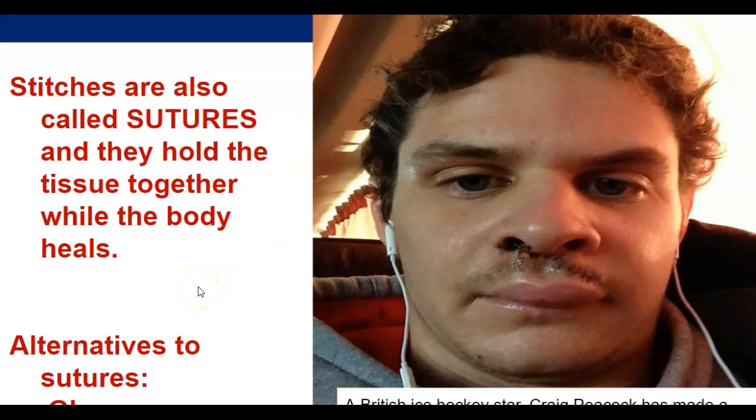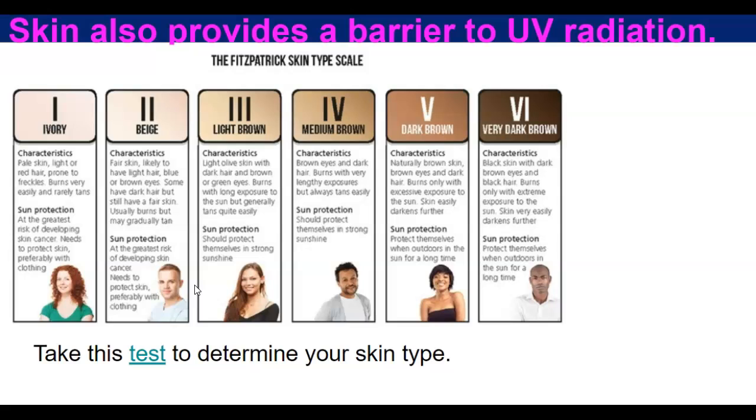And again, what did they use? They use sutures. You can use sometimes medical tape. Sometimes you can even use staples, depending on it. Okay. And one of the best things that skin can do, based on the amount of pigment that is in it, is it can provide a sense of UV protection. So instead of using sunblock, sometimes people who have a lot of pigment in their skin have a natural sunblock.